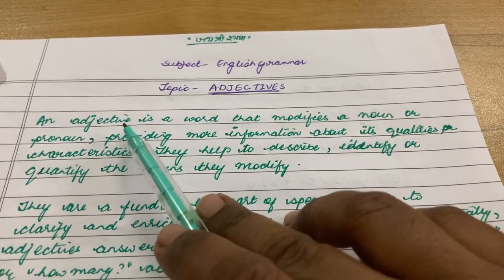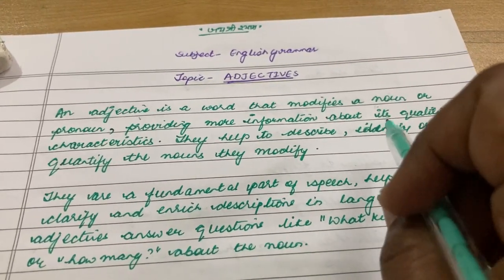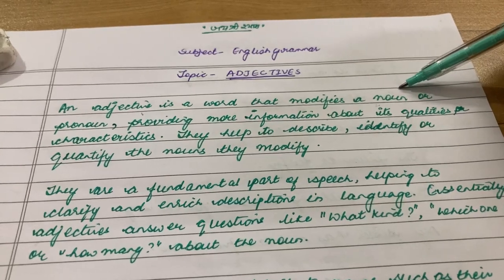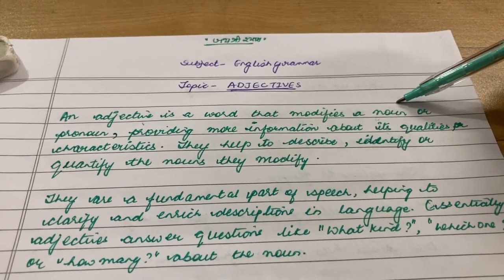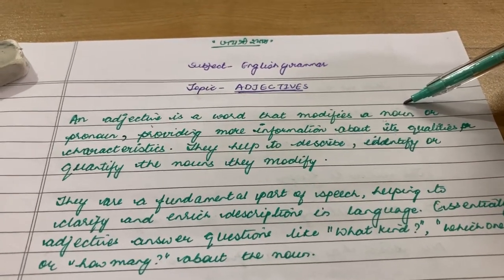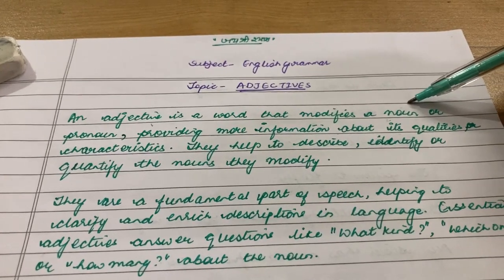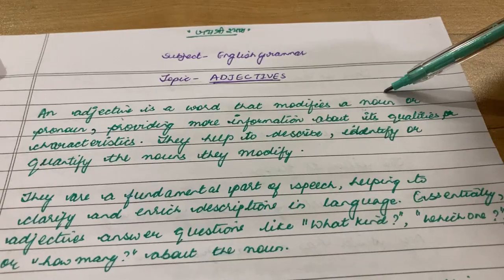So what does an adjective do? It provides more information about the noun's qualities or characteristics. So an adjective is a word that will modify a noun or pronoun, and it will provide information about its qualities or characteristics.